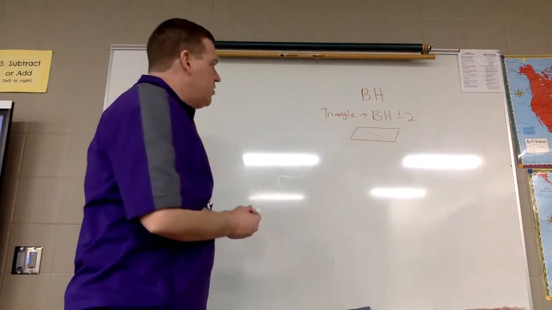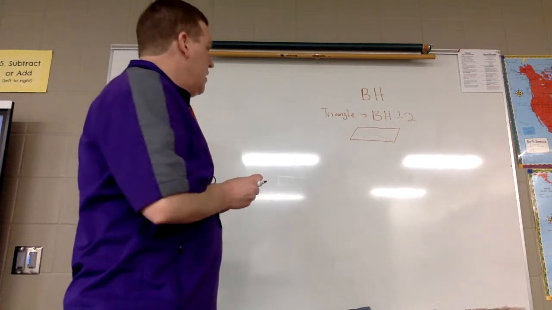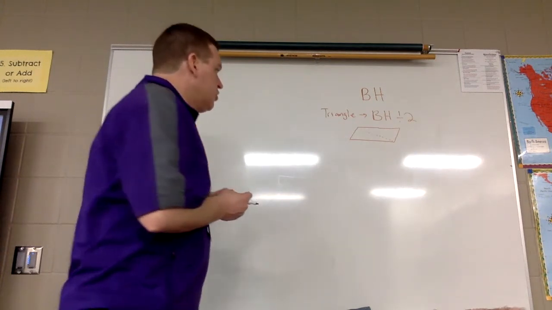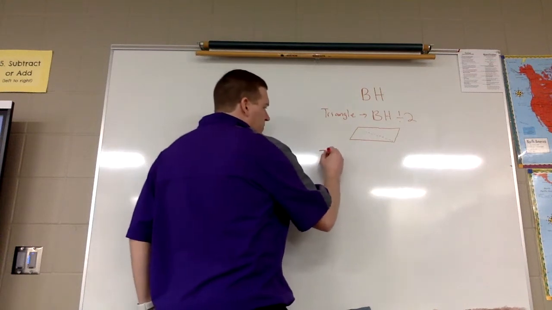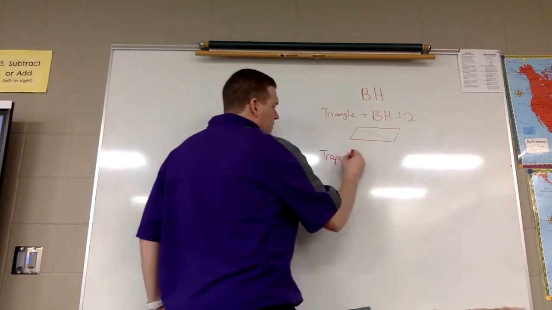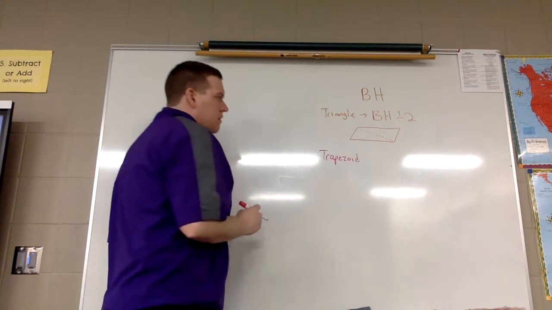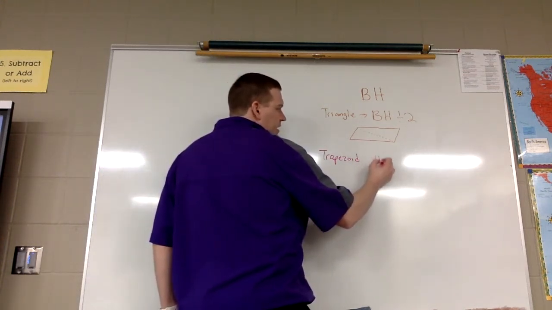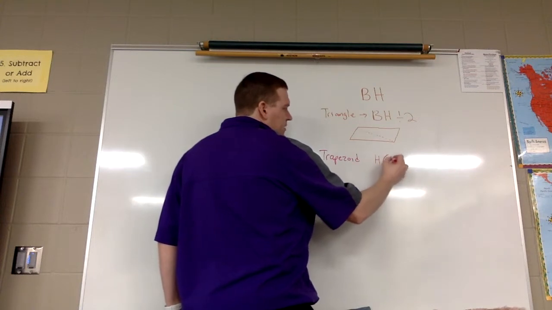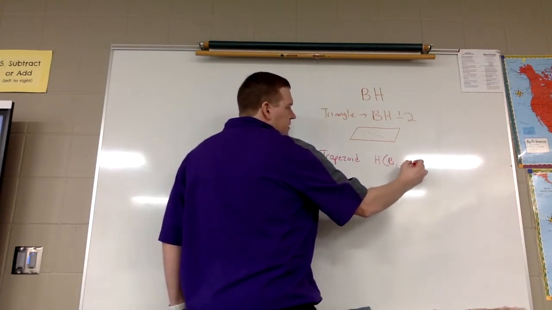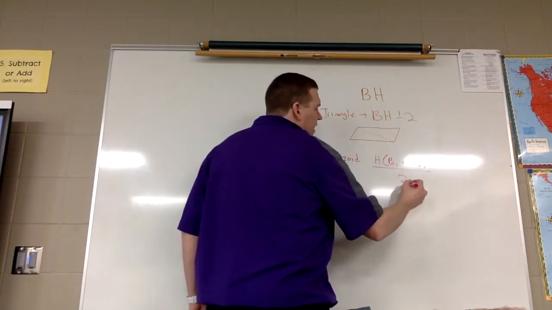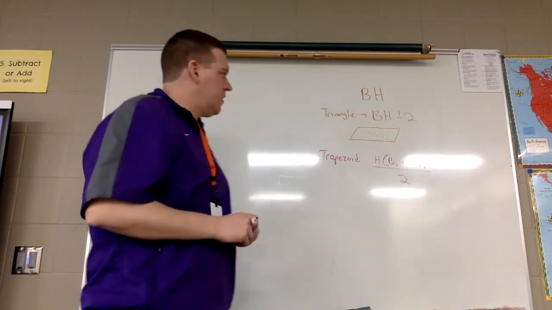Then we went on to a trapezoid, and when we do the trapezoid, it is you take the height times base number 1 plus base number 2, and then when you get all done, you divide it by 2, okay?